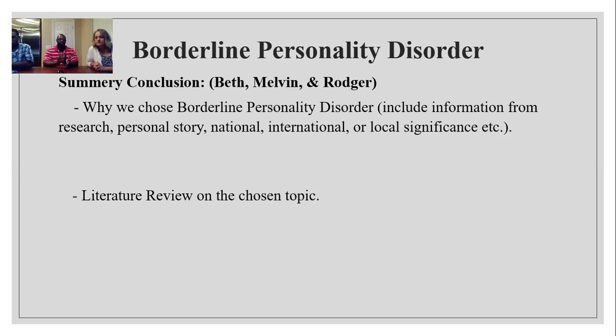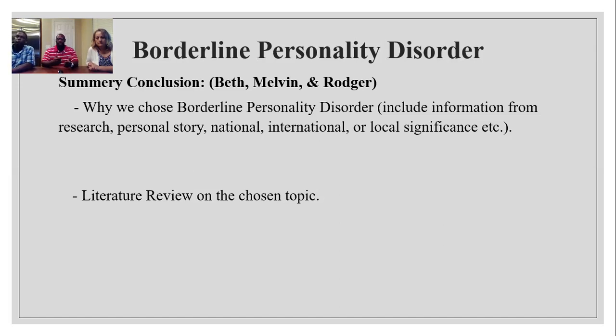Summary conclusion. Why choose borderline personality disorder? Well, as part of the DSM-5, we recognize that borderline personality disorder is one of those conditions that many of our populace suffer from. So those of us in the helping professional field, such as social workers, clergy, and counselors, we recognize that this condition we may face in helping people cope with normal life.